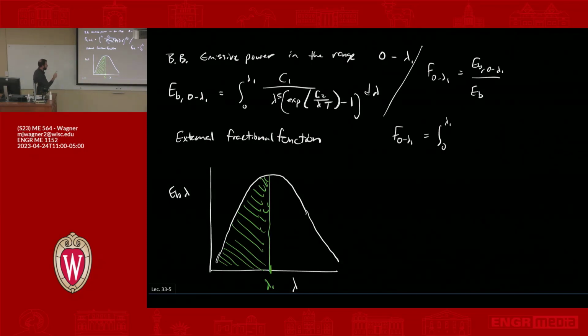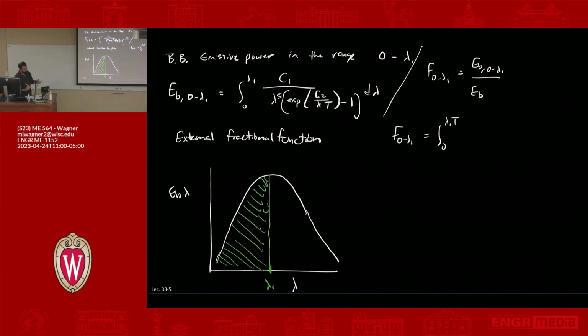When we make this evaluation, you end up with this variable: you see we've got lambda times T, and we're doing d lambda. We know there's a relationship between wavelength and temperature. So I'm going to make a substitution and integrate this equation in terms of the product of lambda and temperature, so the upper limit becomes lambda 1 times temperature.